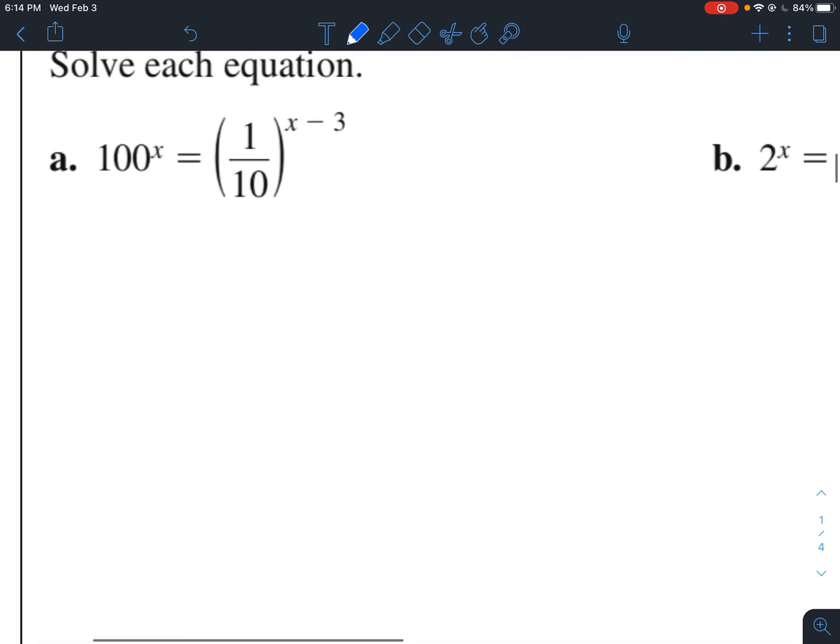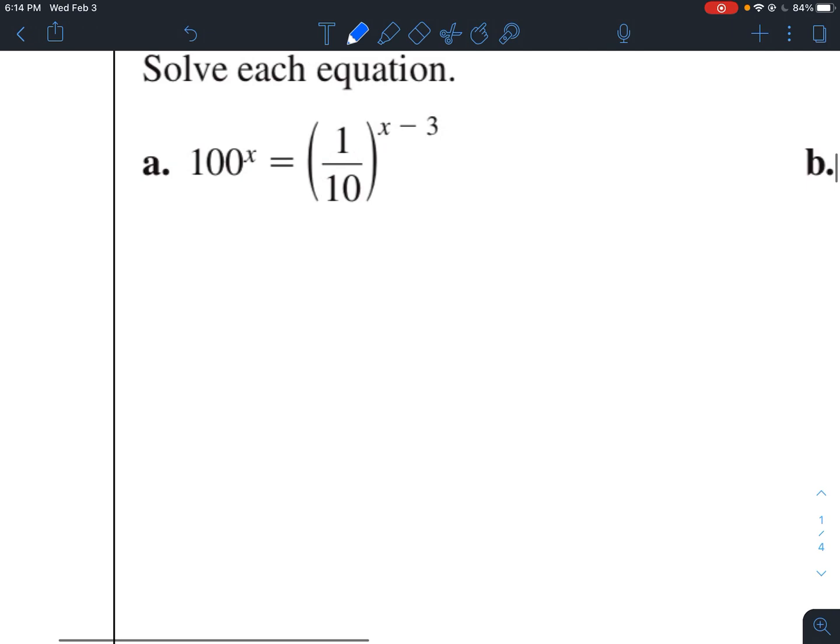So this exponential equation, notice that the base is not the same. This base is 100, while this base is 1/10.